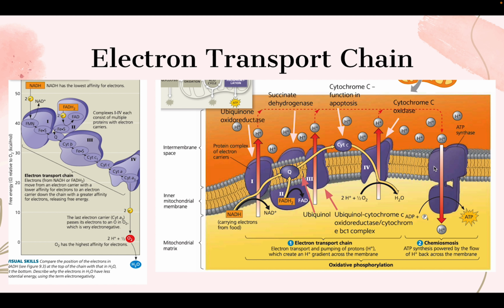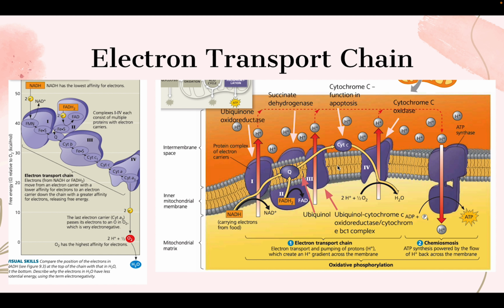You can see that it's water soluble because it's outside of the membrane, and that's a very important difference to know about ubiquinol and cytochrome C. So cytochrome C takes the electrons to the last complex that pumps. That's complex 4, cytochrome C oxidase, because it oxidizes cytochrome C by taking an electron from it.